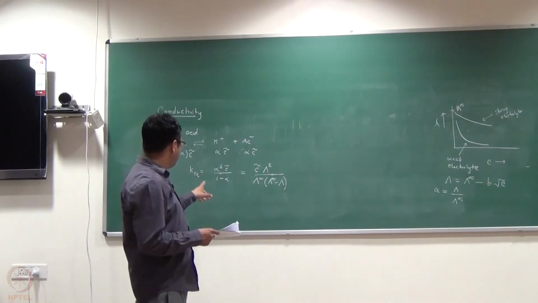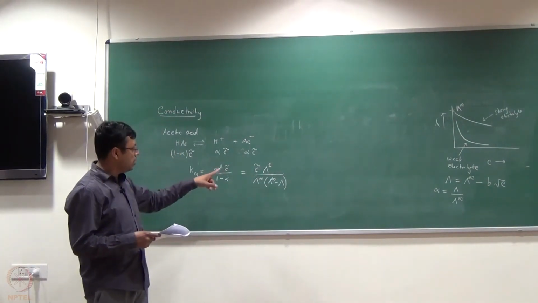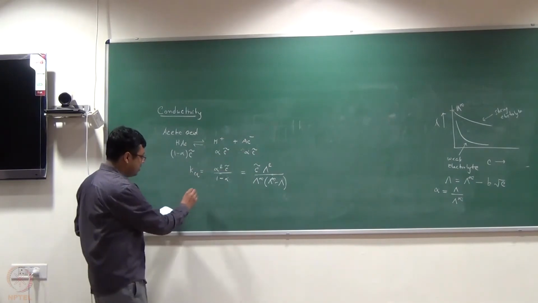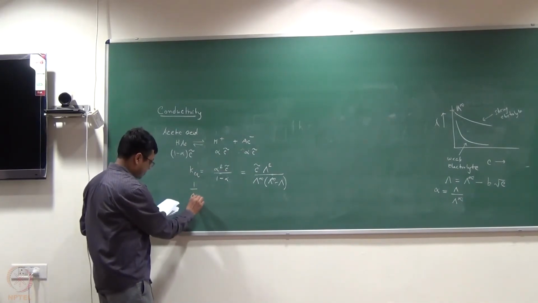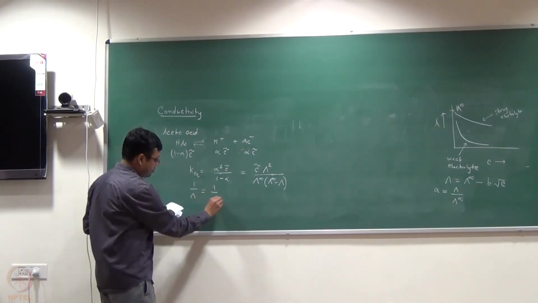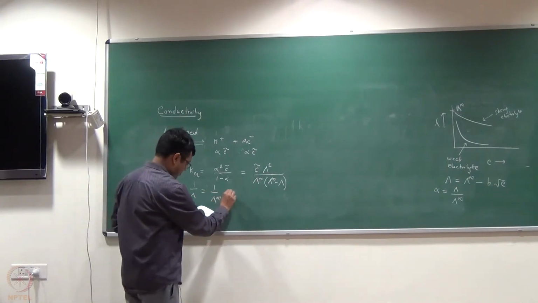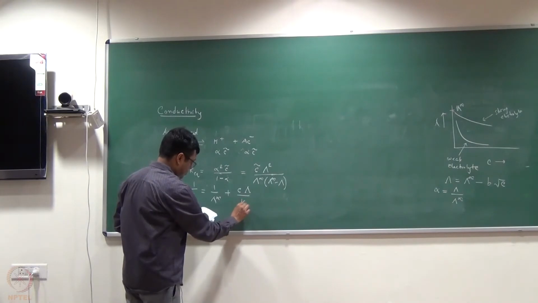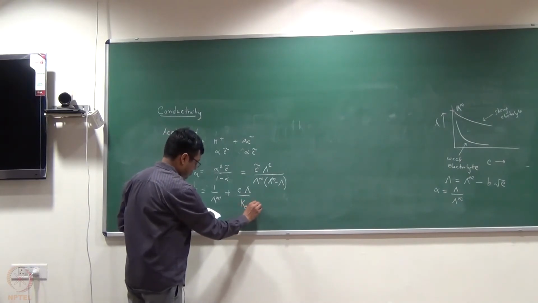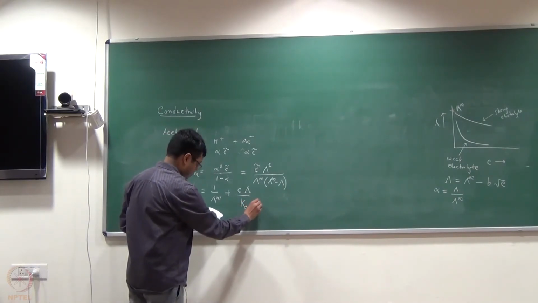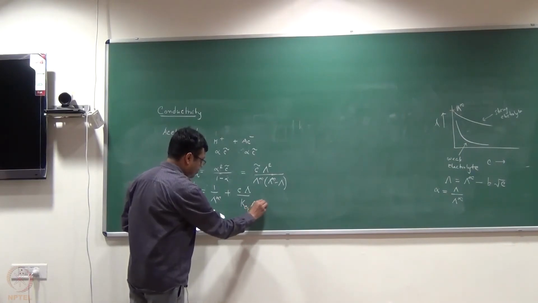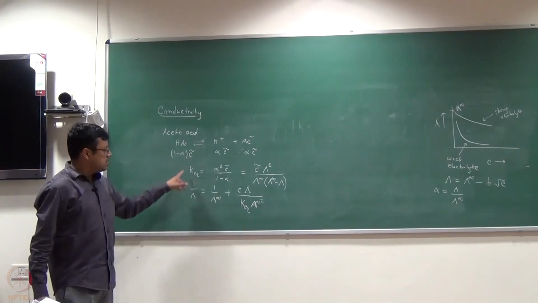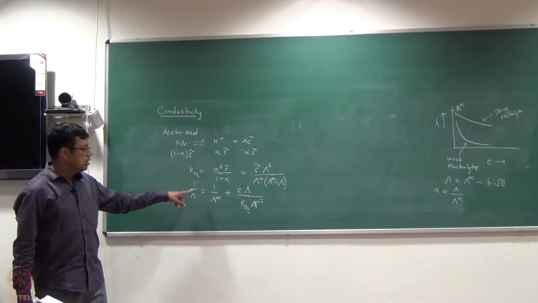How? Instead of plotting the lambda versus C, I could rewrite this equation as this. So this is just another way of writing this equation. You can easily figure this out.